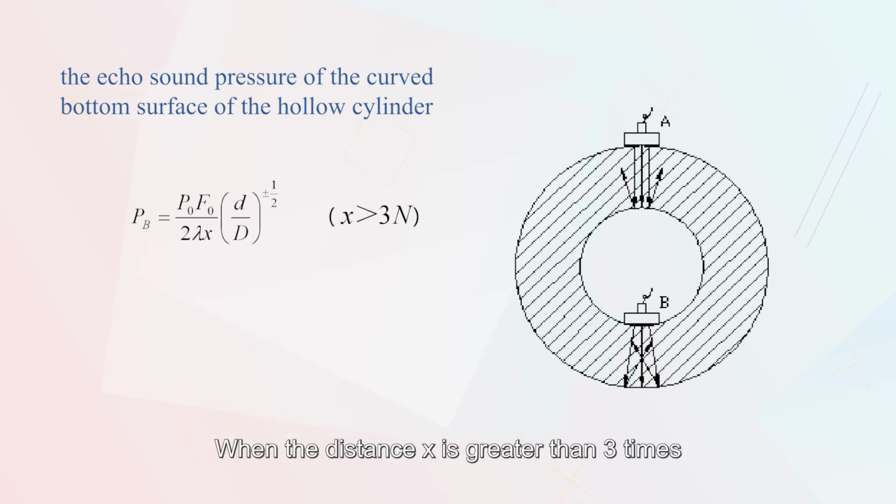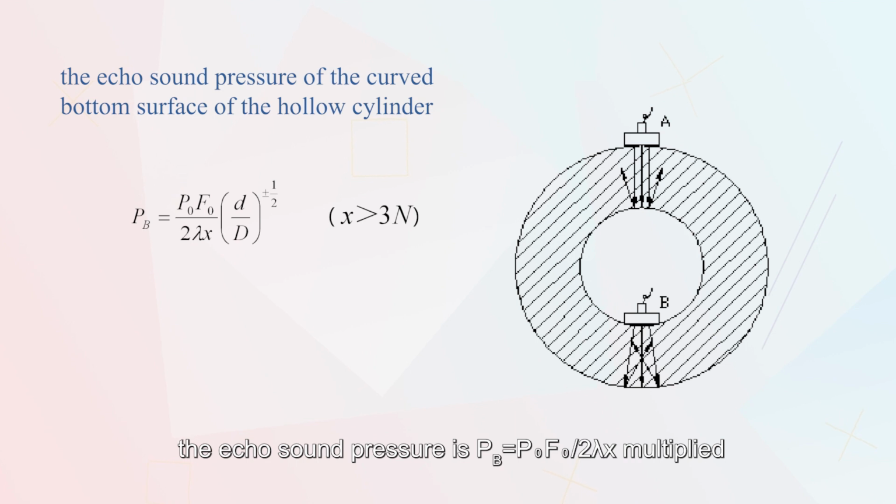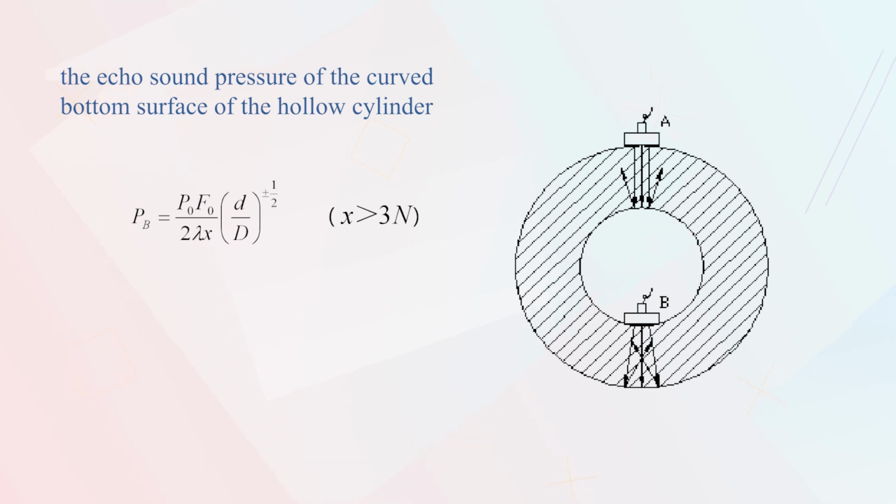6. The echo sound pressure of the curved bottom surface of the hollow cylinder, as the picture shows. When the distance x is greater than 3 times the length of the near-field area, the echo sound pressure is Pb = P0 F0 / (2 lambda x) multiplied by the (1/2) power of (d/D) with a plus or minus sign.